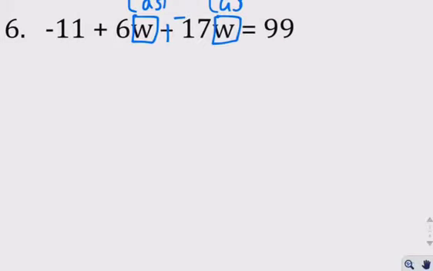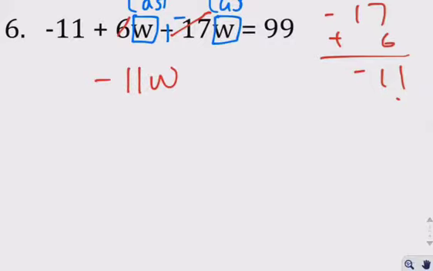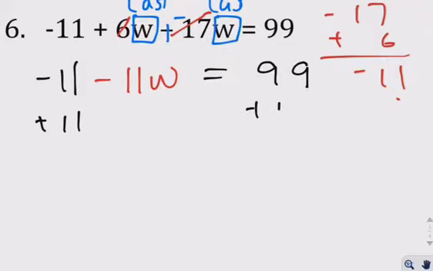Negative 17 here and 6. Negative 17 and a positive 6, you actually subtract, get negative 11. So you get negative 11W. Bring down this negative 11 equals 99. So you add 11, add 11.